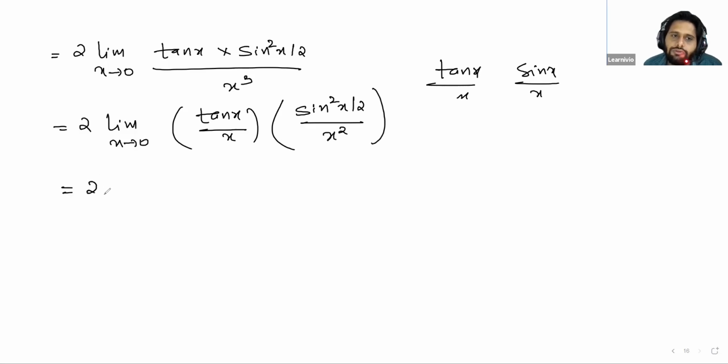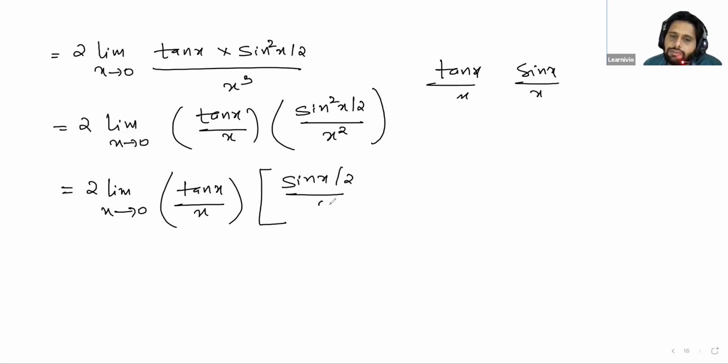So this is 2 limit x tends to 0. This is tan x by x. Now this can be written as what? Sin x by 2 by x whole square. This clear?